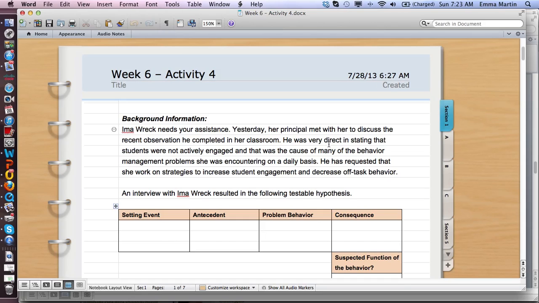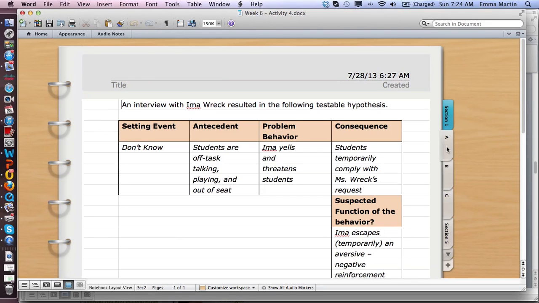So this works with teachers just the same as it does with students. Let's look and see what my hypothesis was. I had interviewed Ima, and we really didn't come up with a setting event. I would say it probably was lack of preparation for different work that students were doing.